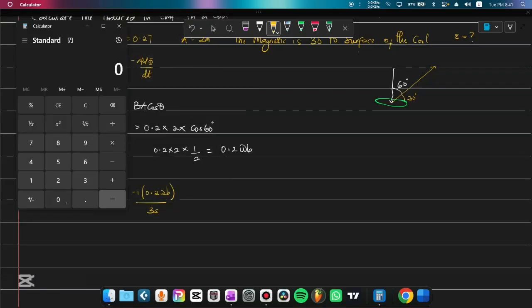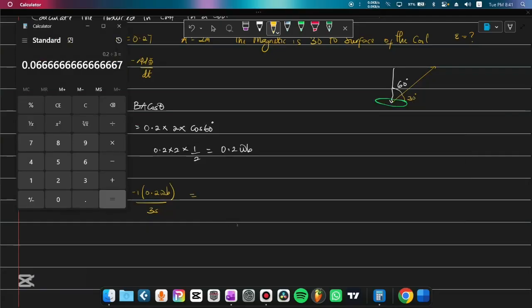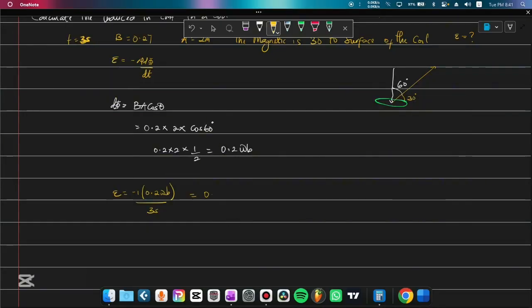So we do 0.2 divided by 3 seconds. The negative is for direction, so our answer is going to be 0.066 or 0.067 volts. Don't forget, you're calculating the induced EMF, and EMF is the same thing as saying voltage. Voltage is measured in volts.